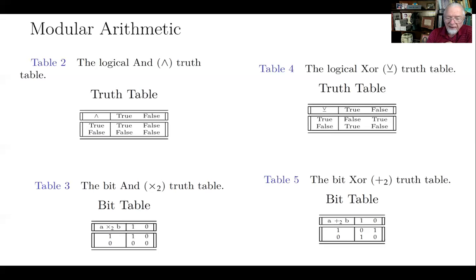And if you think about it, 1 plus 1 goes to 2 in usual arithmetic, but because we're doing it modulo 2, it goes back to 0. Every time you get to 2, you change it to 0. So 1 plus 1 is 0.